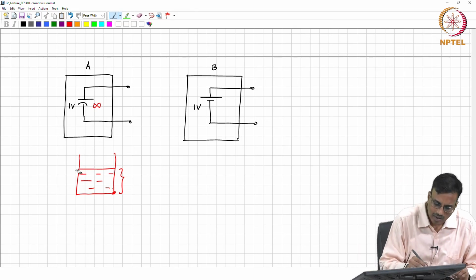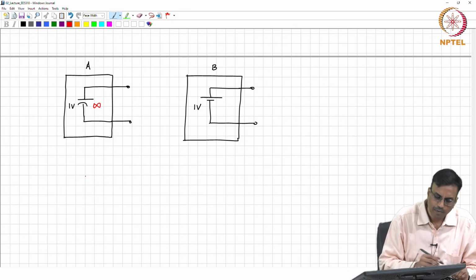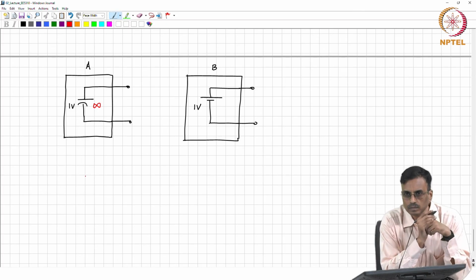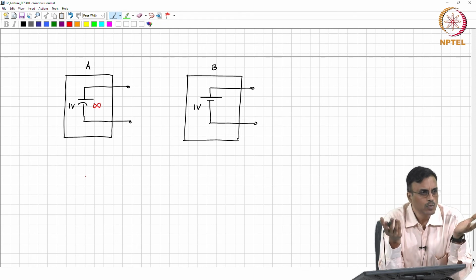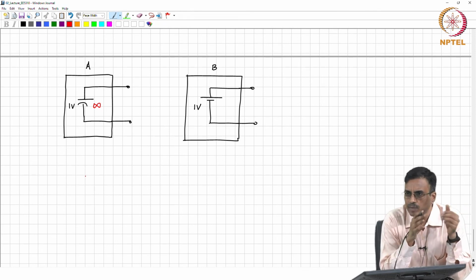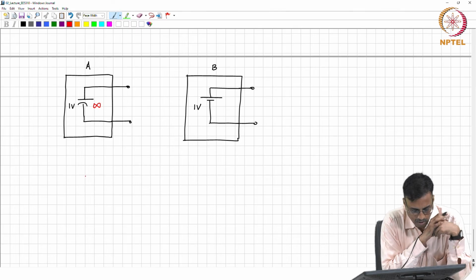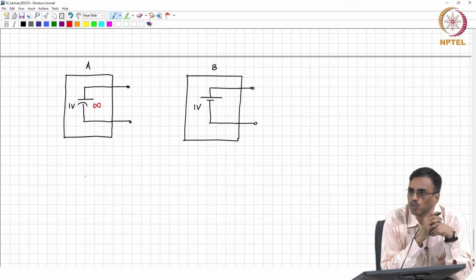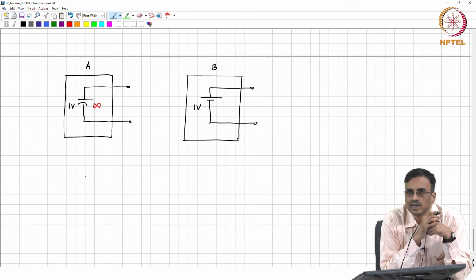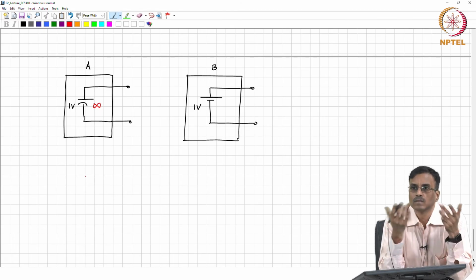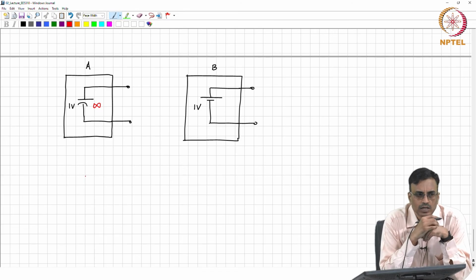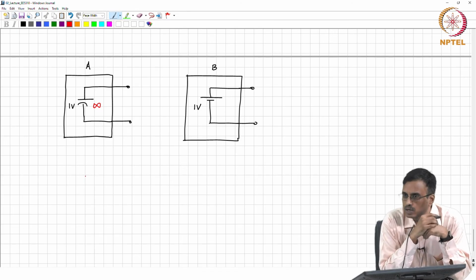So, likewise, an infinite capacitor charged to a voltage V is indistinguishable from an ideal voltage source which has the same voltage. Does it make sense? Okay.